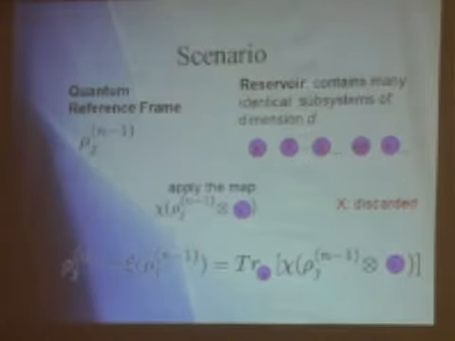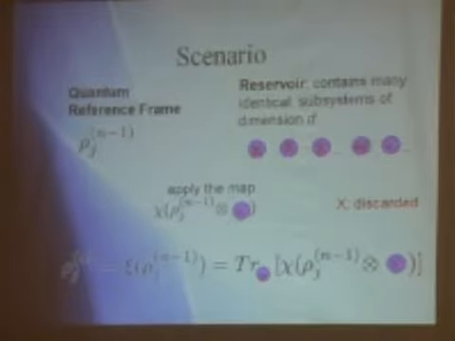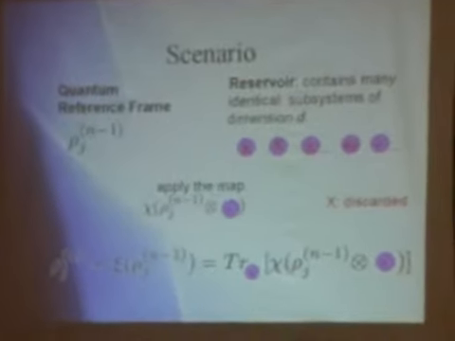So how does it look? After we did that with the first subsystem of the reservoir, then with the new state for the quantum reference frame, we can take the second subsystem of the reservoir and reapply the same map. Then we discard again the subsystem of the reservoir, obtaining a new state, and do that again and again.